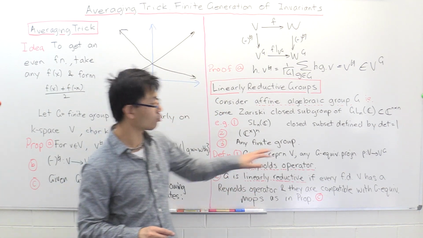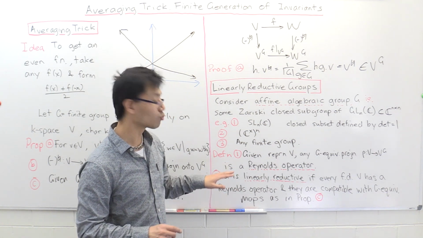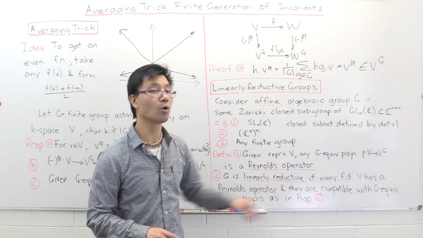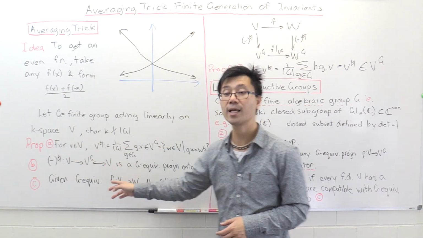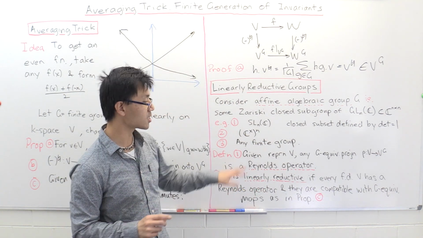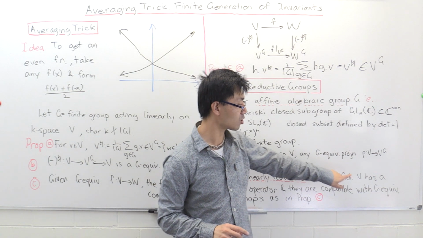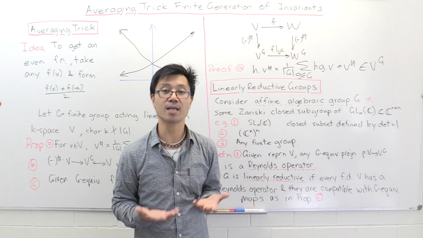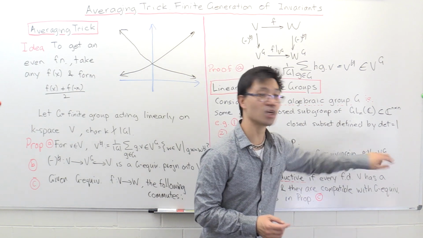Now, let's look back at the group. So this is for each representation of G. Now, we say that group G is linearly reductive when you always have this trick, this Reynolds operator, working like you do in proposition C, in other words. G is linearly reductive if for every finite dimensional representation V of G, it always has a Reynolds operator, a G equivariant projection from V to V^G.